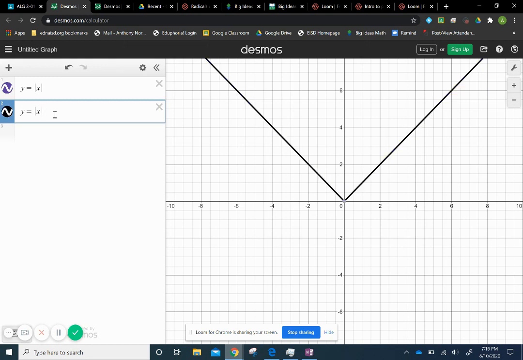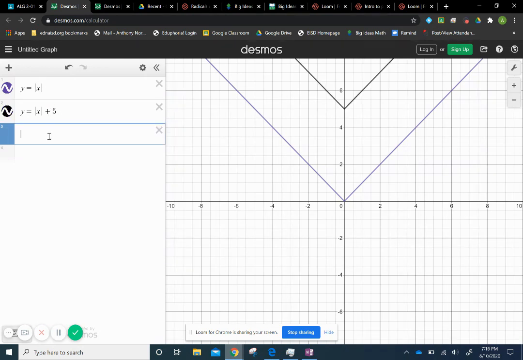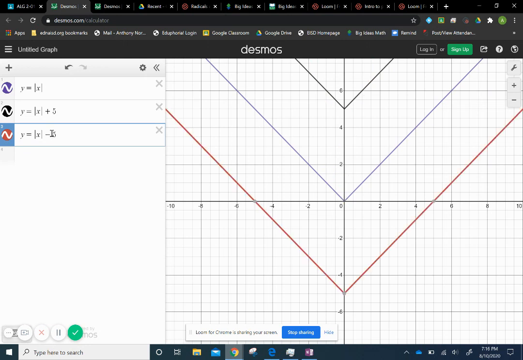To move it down, we'll put a minus a number on the outside. So to shift it down, Control A, Control C, Control V because I'm lazy. We'll do minus.